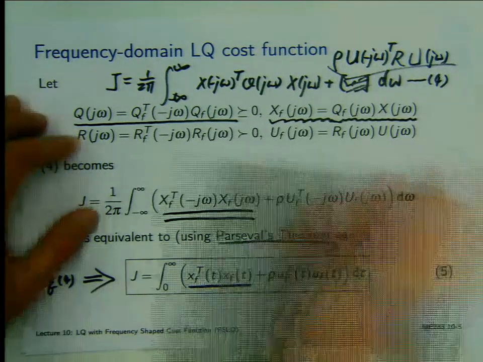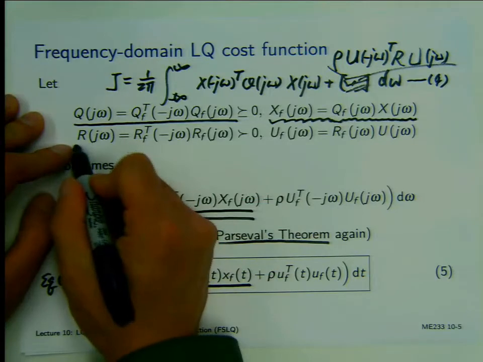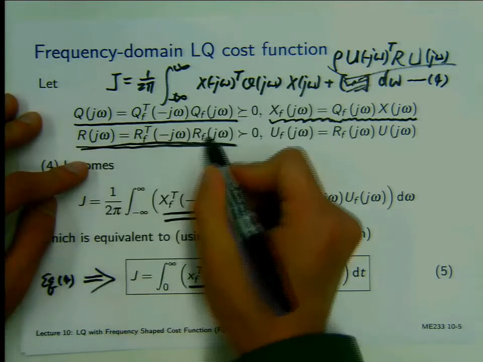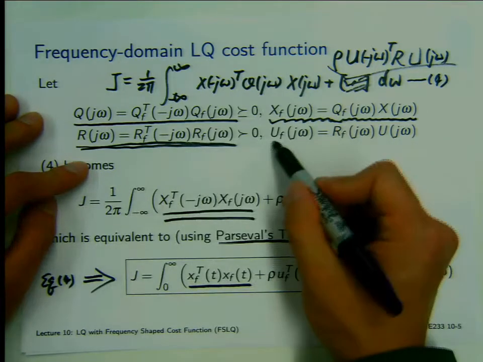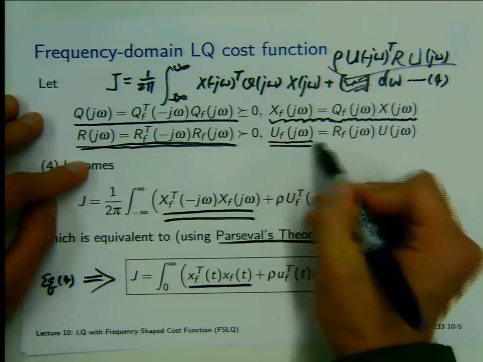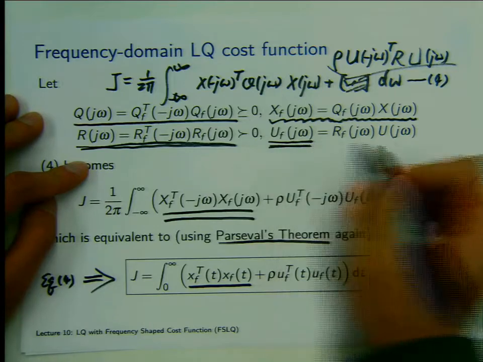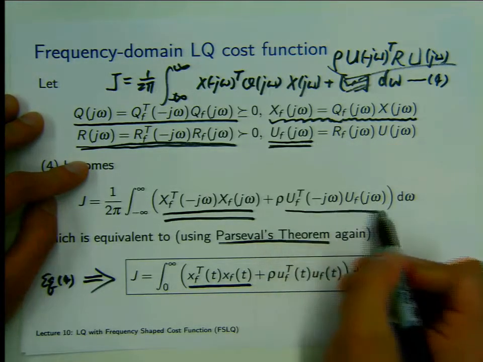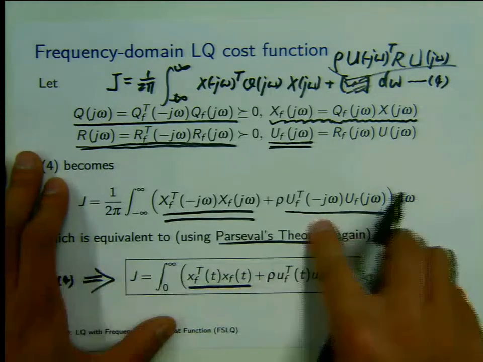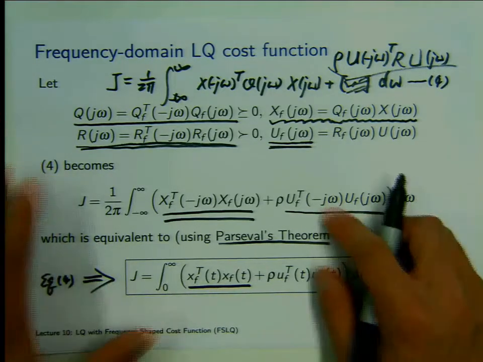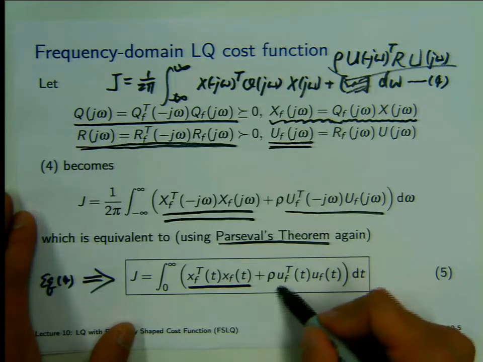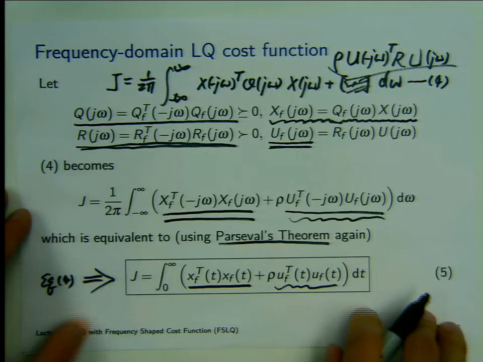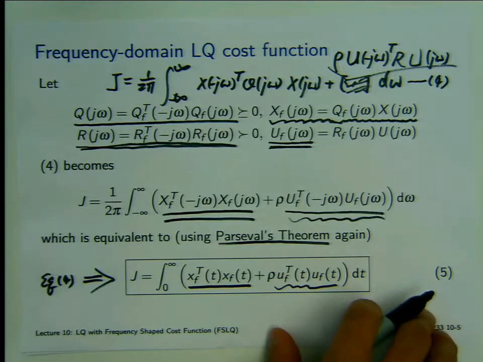Do exactly the same thing. First of all, break R into a quadratic term of Rf, and then introduce this new filtered control signal Uf. Then you can achieve this product term Uf transpose times Uf. Then do again Parseval's theorem to arrive at this cost function. Okay? So that's the intuition.